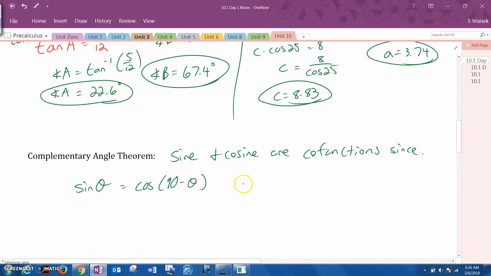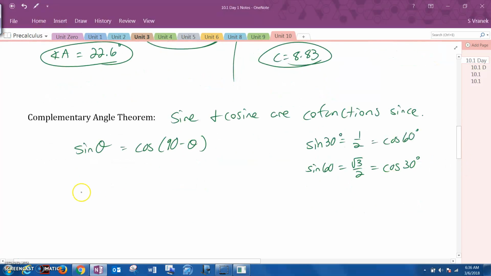Okay? It also works, so we can show that with the unit circle actually. You guys remember sine of 30 was 1/2, and that was also cosine of 60. Same thing with the reverse. The sine of 60 on the unit circle was √3/2, and that happens when the cosine is 30. Alright?